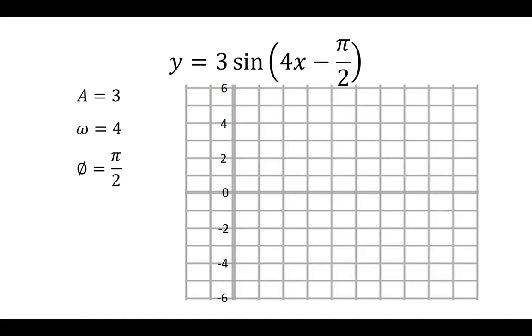Oh, I'm sorry, our phi is pi over 2. Got ahead of myself there, just pulling out those pieces. Our period is 2 pi over 4, which is pi over 2. Our phase shift is going to be pi over 2 over 4, which is pi over 8.